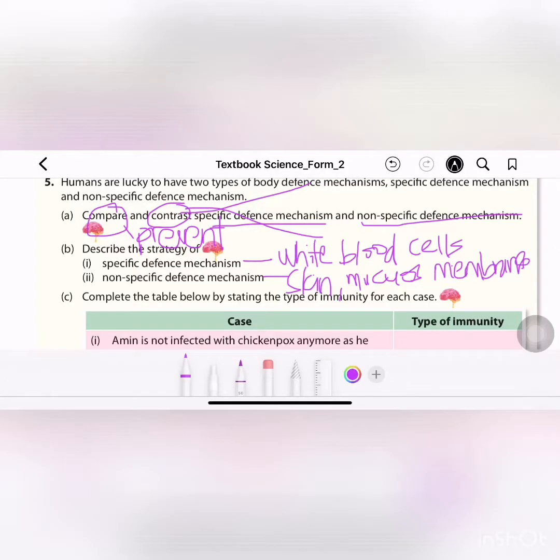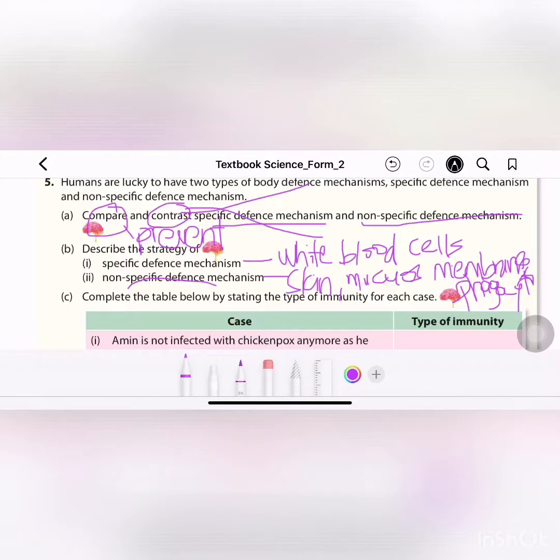Whereas pathogens that have successfully entered the body, if they can invade past the skin and the mucous membrane, then the non-specific defense mechanism will carry out the eating of bacteria, which is called phagocytosis.